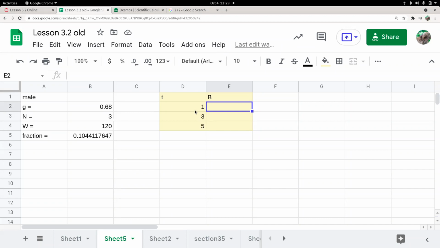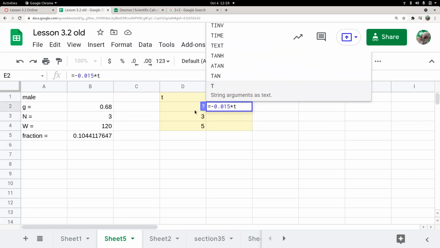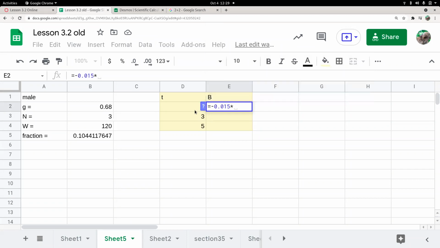To make a calculation on a spreadsheet, you got to type equals, and then I'm going to type my negative 0.015 times. Now I can't type T here because the computer's not going to know what T means. I just need to click on the number here to the left. Just grab whatever number's in that box. And then I'm going to add the 0.104.